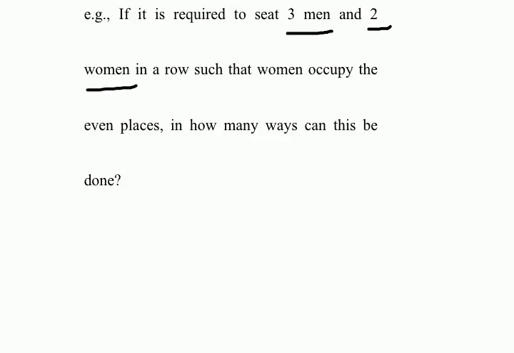To do this question, let's look at the number of places we have. So we have 1, 2, 3, 4 and 5 places in all, and we need to seat 3 men and 2 women, and women to occupy even places.